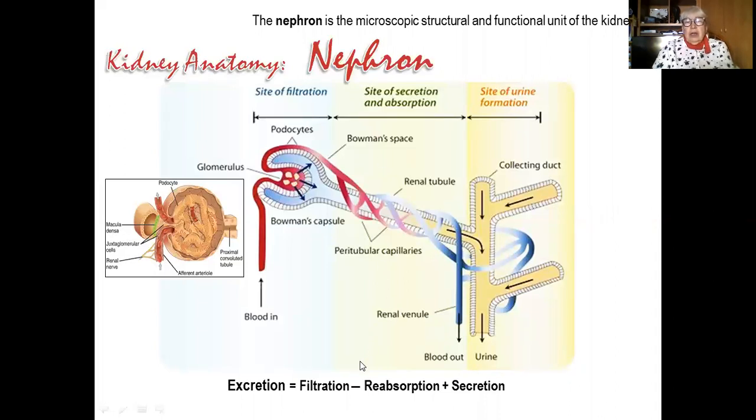There are about 1 million in each kidney. As you see here, there is the site of filtration, the site of secretion, and the site of urine formation, on the basis of the main function of the kidney, the excretion function, which contains filtration, reabsorption and secretion.